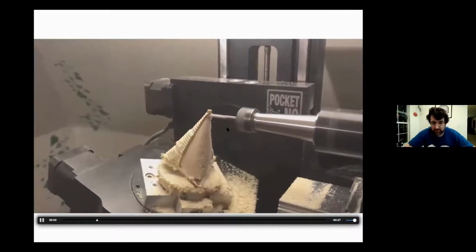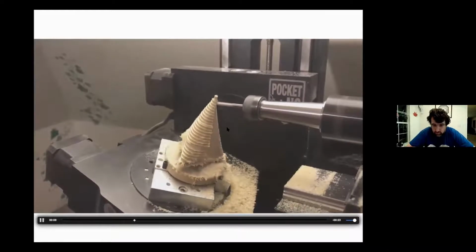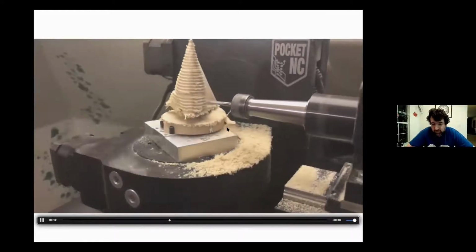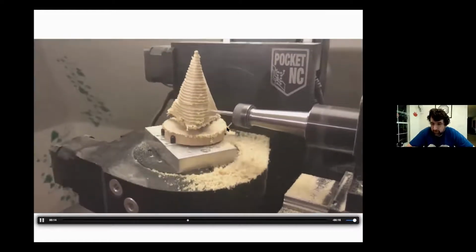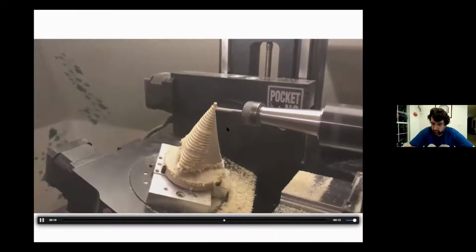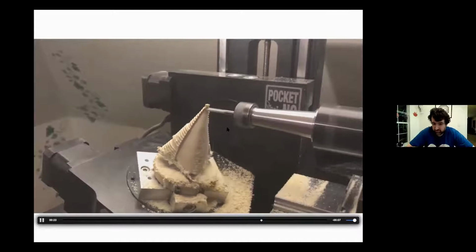And so here you have the machine moving along those curves. And it's worth stating, the curve that this machine is following here, we didn't create a three-dimensional model of the surface and then ask the machine to carve that surface.